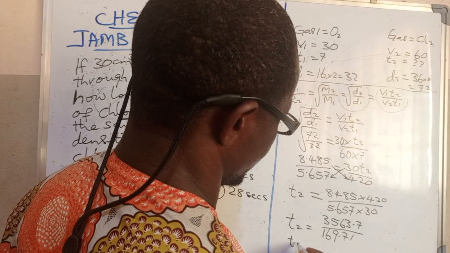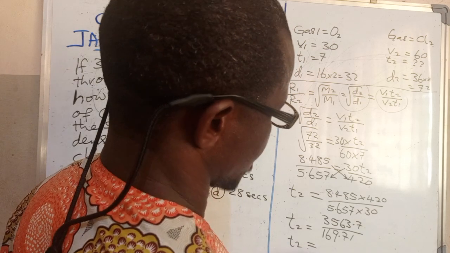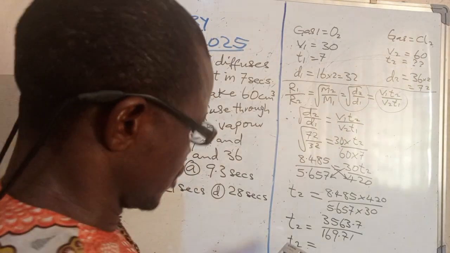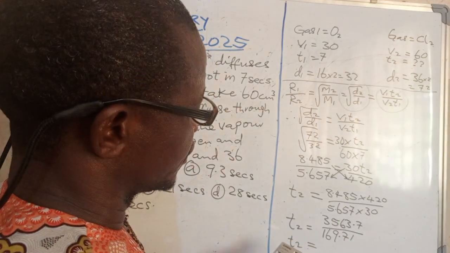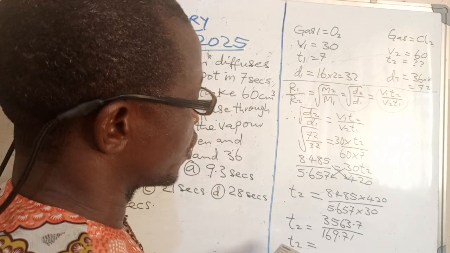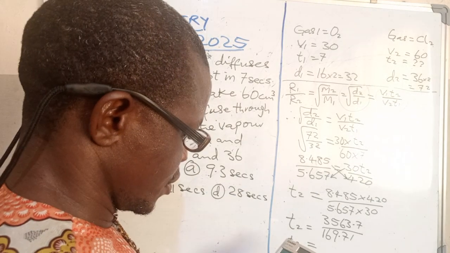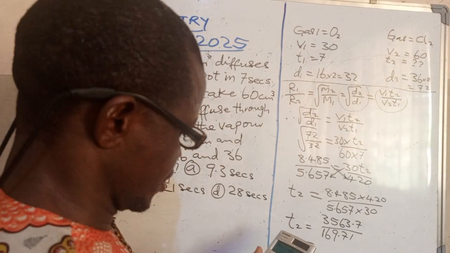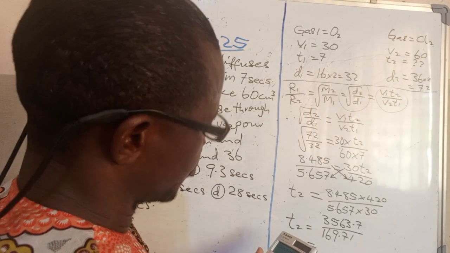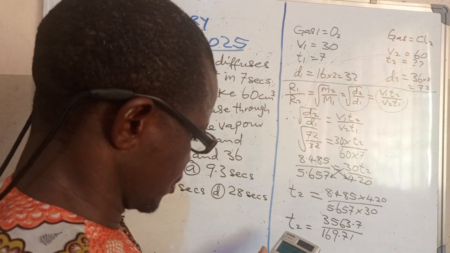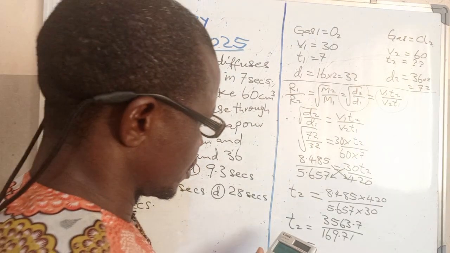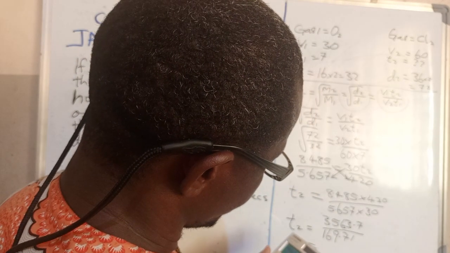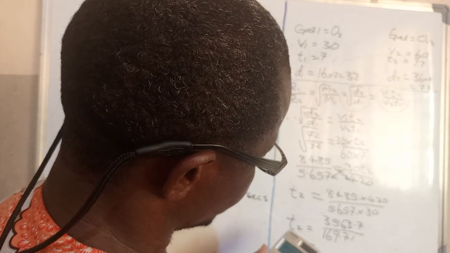So my T2 is going to be 3563.7 divided by 169.71, which is 20.9987 and so on.